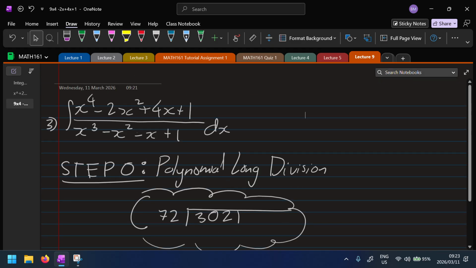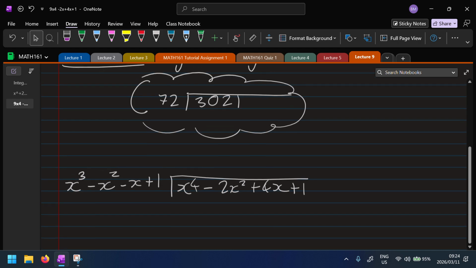So your top part goes inside the division, and then the bottom part goes on the outside there. Now we go back to grade 3, and I ask you, how many times does x cubed go into x to the 4? X to the 4 at the top, x cubed at the bottom, that becomes x.